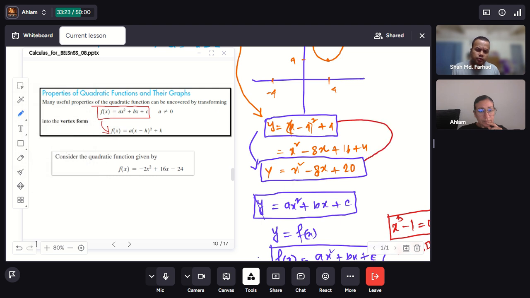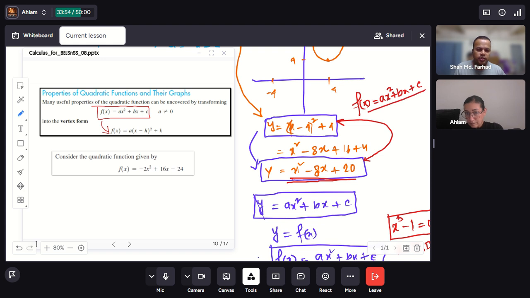These two equations, we can compare with the general equation, f of x equals a x squared plus b x plus c.